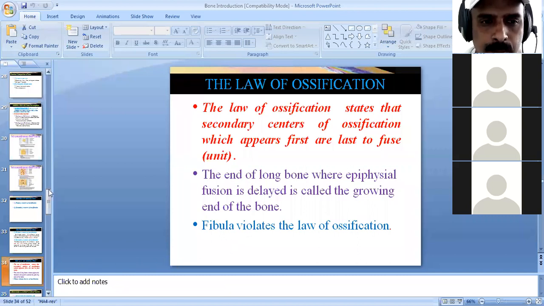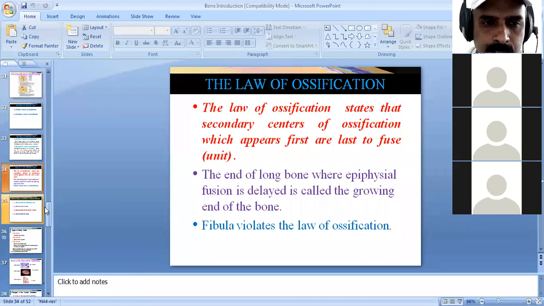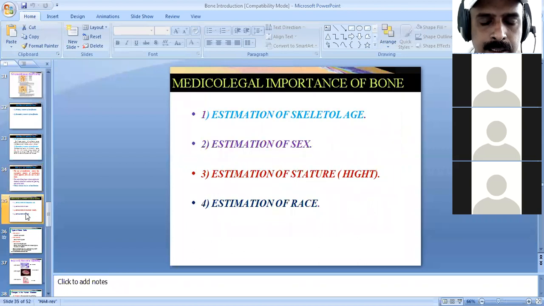I have told you the fibula violates the law, and you have to tell the reason: the upper end is the growing end of the bone, and the lower end is a pressure epiphysis, so it fuses early. The upper end does not fuse early because it is a growing end, until growth takes place. Next, you have to tell about the medico-legal importance of the bone.